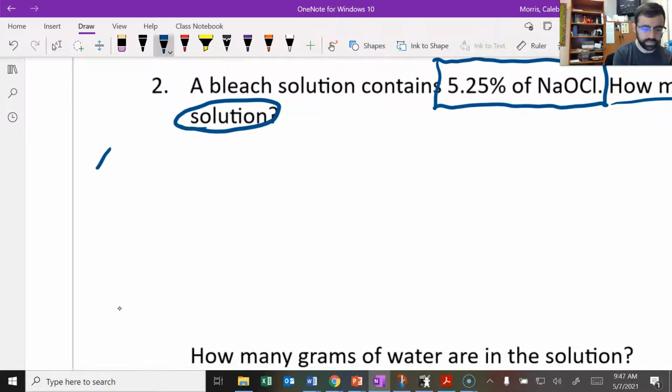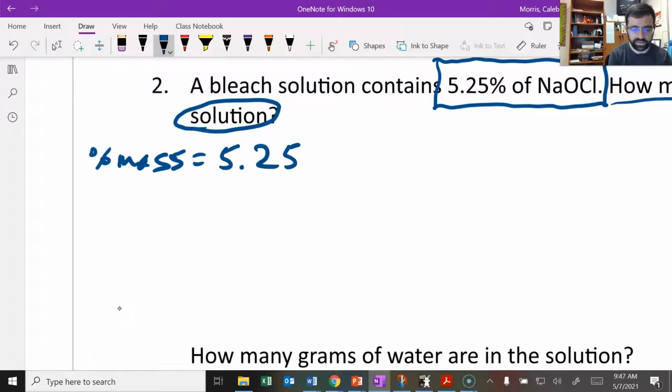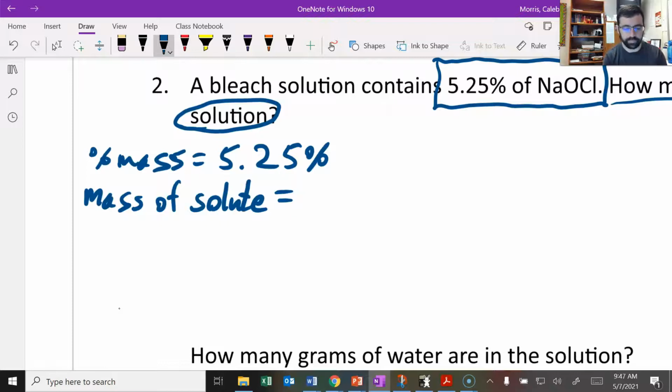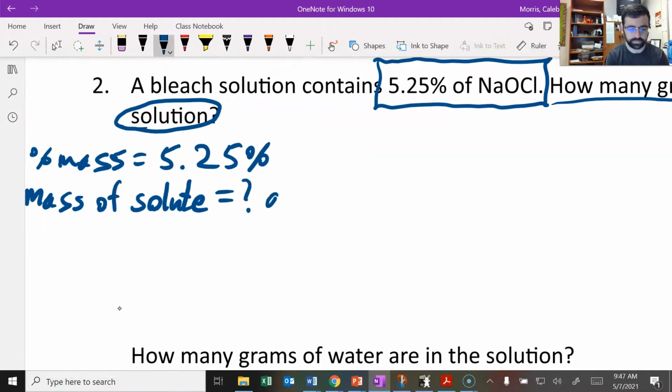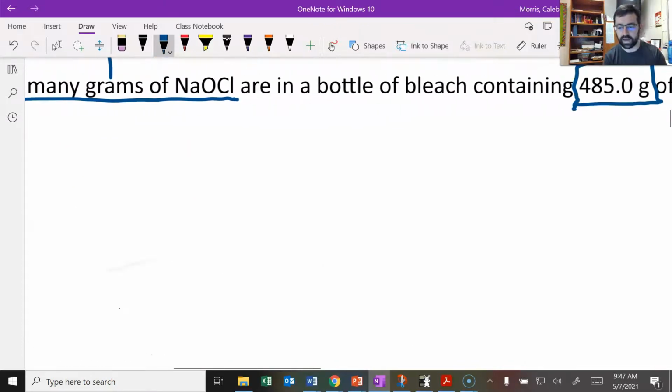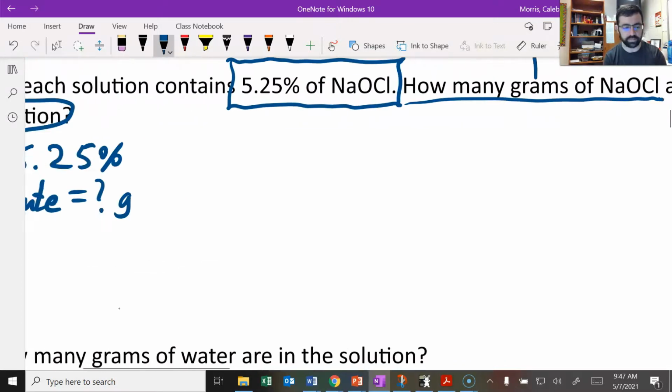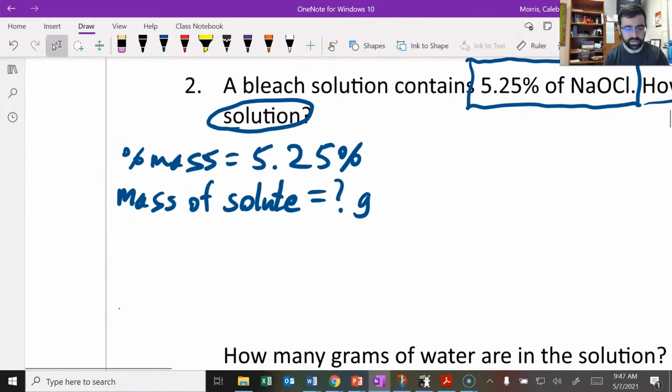Alright, so let's label our variables again. So I could say my percent mass was what was given, 5.25%. Mass of solute is the thing I'm looking for, grams of solute. And I have 485.0 grams of the solution.